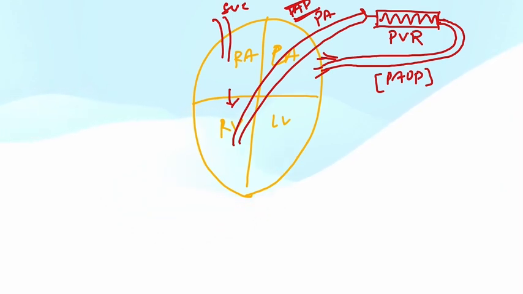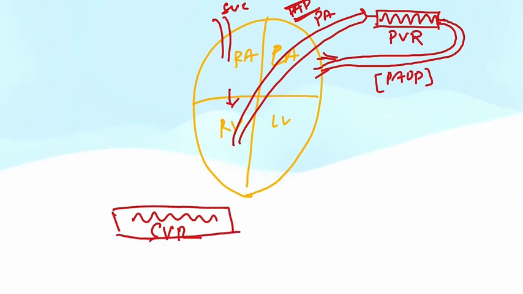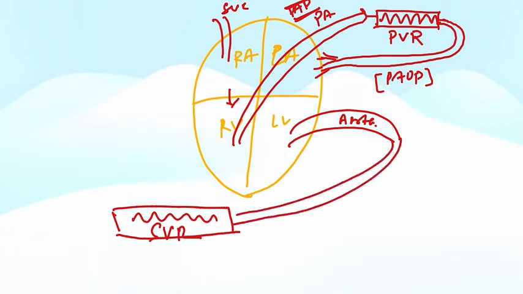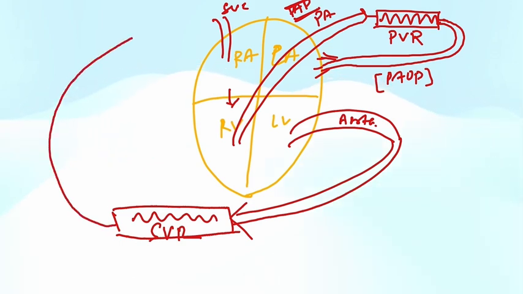Now let us understand the concept of systemic vascular resistance. As we know, via the aorta, blood comes from the left ventricle and goes to the systemic circulation. Ultimately, organ perfusion occurs, and via the venous system, this blood gets returned to the right atrium via SVC and IVC.